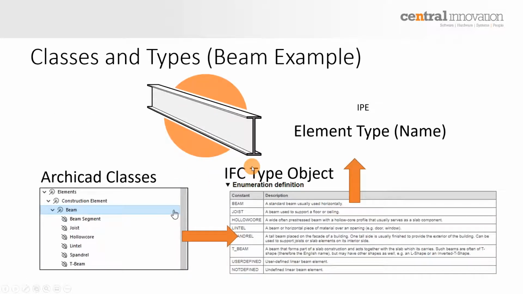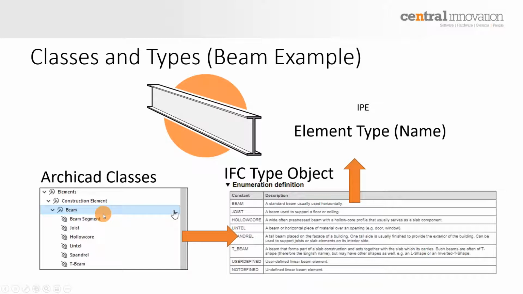So let's talk about classes and types. First thing that you probably have seen is that in Archicad, you have this thing called a classification system. In the latest iteration for both 24 and 23, the Archicad classes have also a breakdown structure, using a beam to exemplify what I'm trying to explain here.